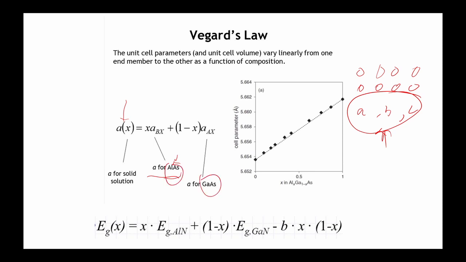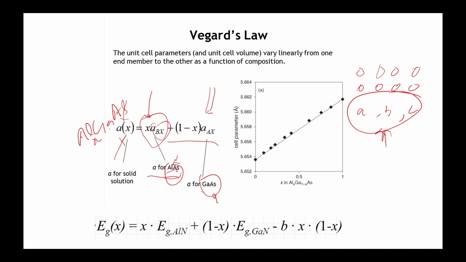with the mixing, or the alloying, of aluminum arsenide and gallium arsenide? What is the composition? It is x times the lattice parameter of aluminum arsenide plus 1 minus x times the lattice parameter of gallium arsenide. This will form aluminum gallium arsenide, Al_x Ga_(1-x) As, and this is the lattice parameter, A_x, for that alloy.